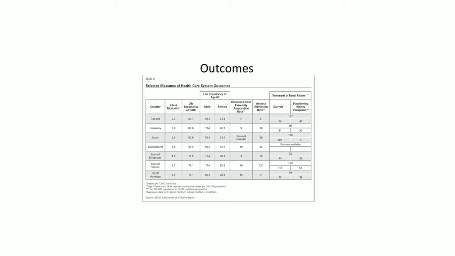Now looking at selected healthcare outcomes, we can also look at the effectiveness of the U.S. healthcare system versus other countries. Infant mortality rate is generally one of the mechanisms people look at in regards to how effective a nation's healthcare system is. And the United States pretty much tops industrialized nations with the highest level of infant mortality.